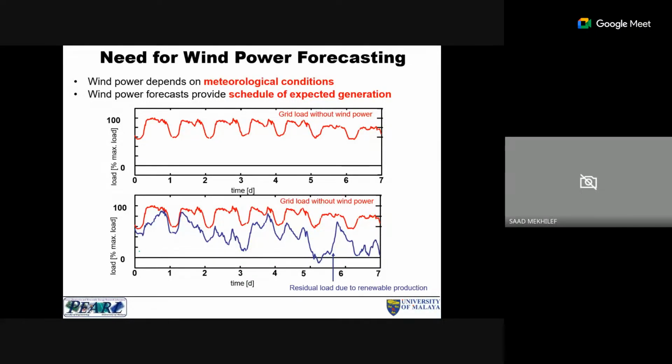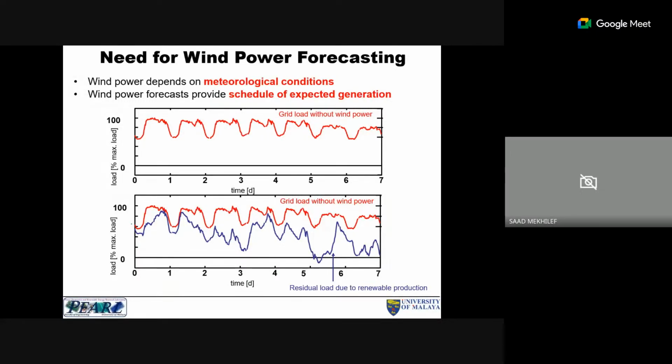Maybe this is because we've seen a lot of writing now. Let's see some of the examples. Why do we need this? You can see there is a high impact of the wind on the grid.